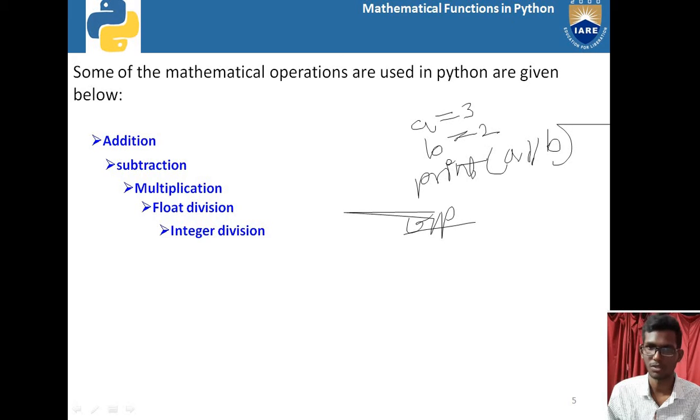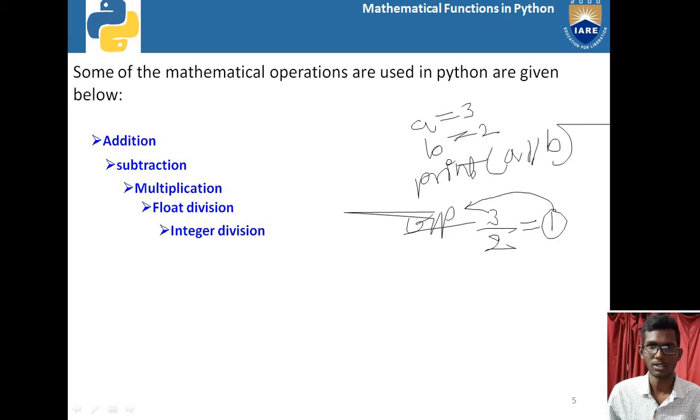I will get the output 3 by 2, that means 1. There is a small difference between float division and integer division. In float division we get the answer in float points, that means decimal points. In integer division we get the answer as an integer, that means there are no point values. So this is the difference between float division and integer division.